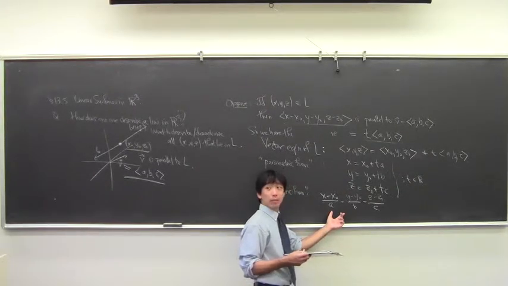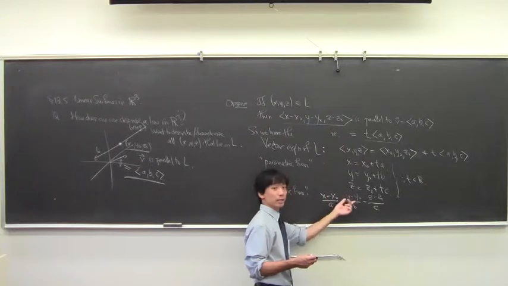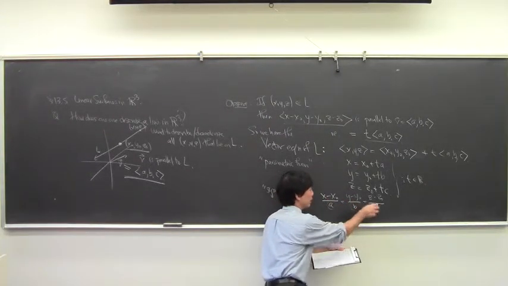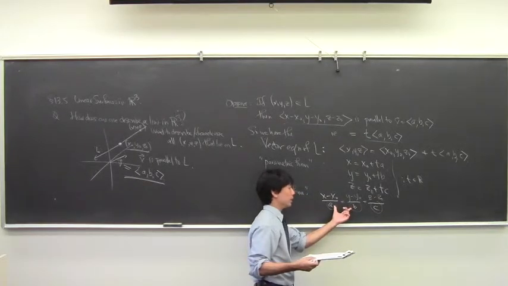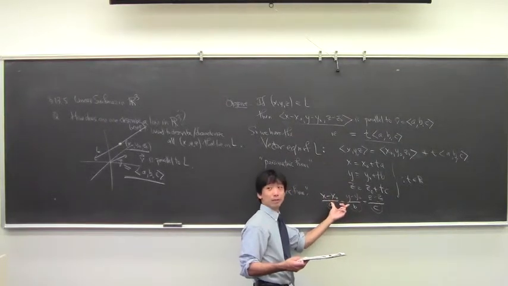But again, it's clear that it runs through x naught, y naught, z naught, right? And this a, b, and c on the bottom are the components of the vector which is parallel to the line.